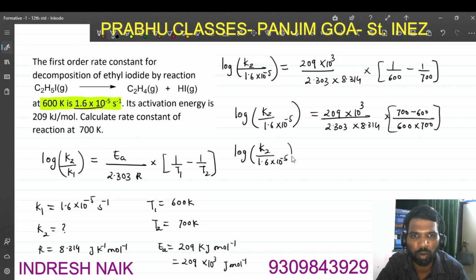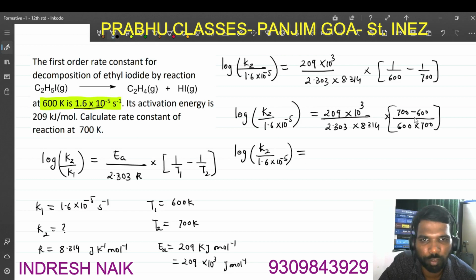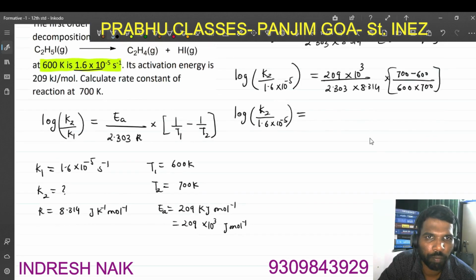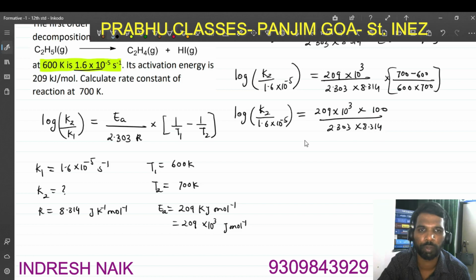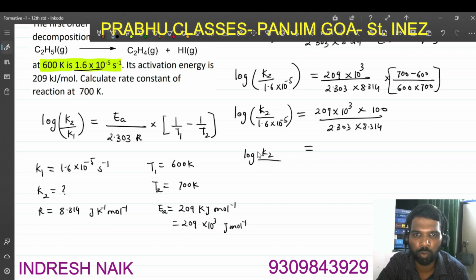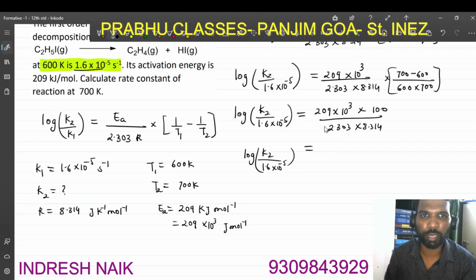Your calculations will become tougher and tougher if you try to split this term. So this value comes to log of K2 upon 1.6 into 10 raised to minus 5.